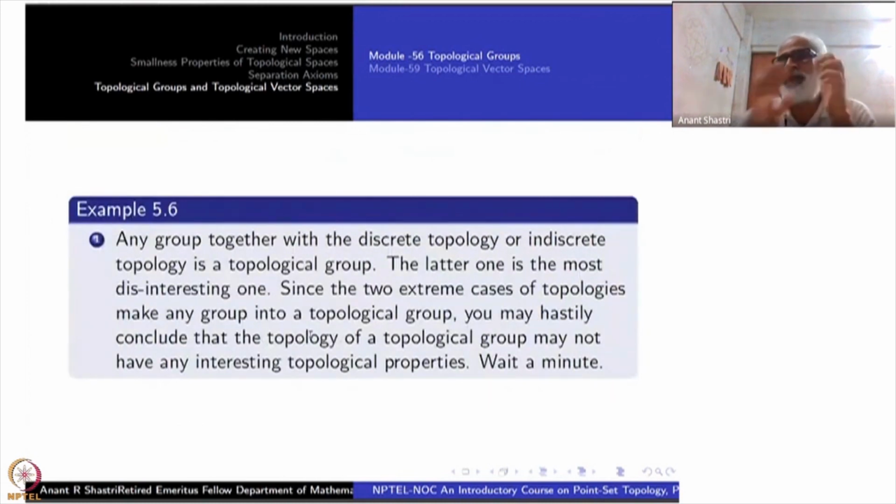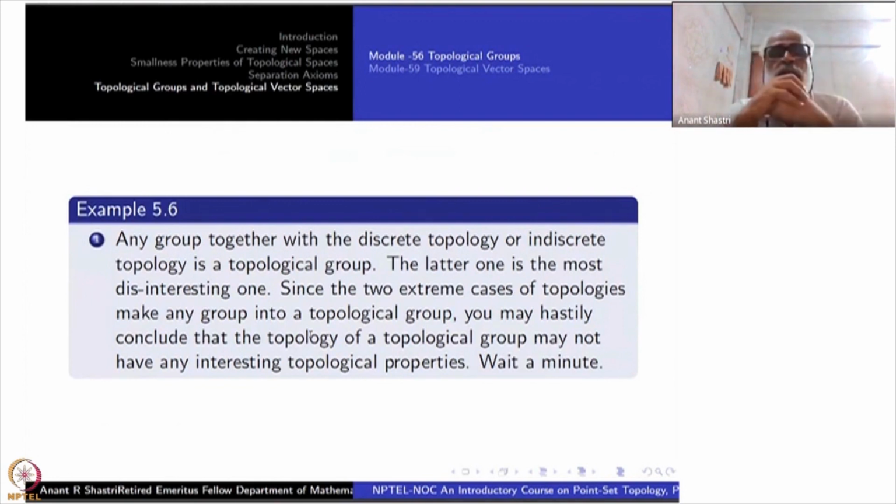So here are some examples now. Any group together with the discrete topology or indiscrete topology is a topological group. See, you have already a group, so the group operation you don't have to change. You put a topology, we are very familiar with putting lots of different topologies, right?